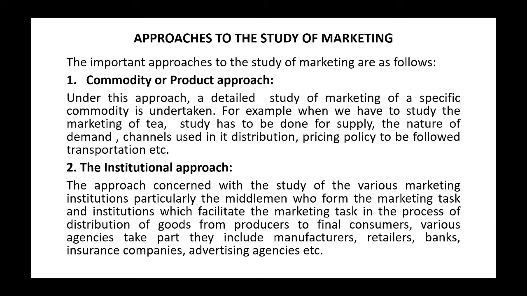So what we say here is, in the commodity or product approach, a detailed analysis is done not only of the particular product but also of various aspects that surround the ultimate demand or the ultimate success of the product.